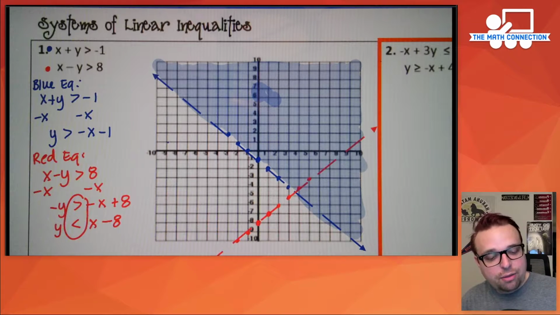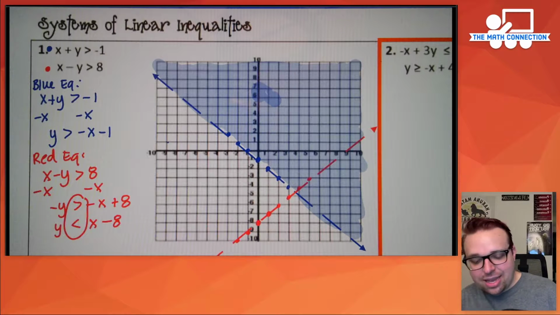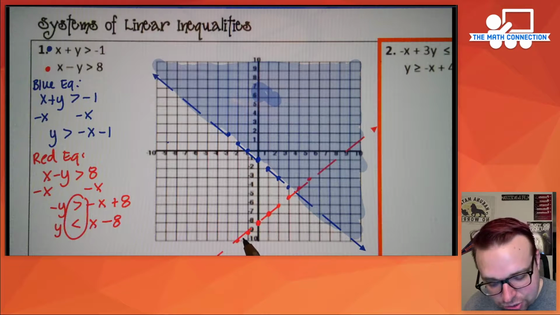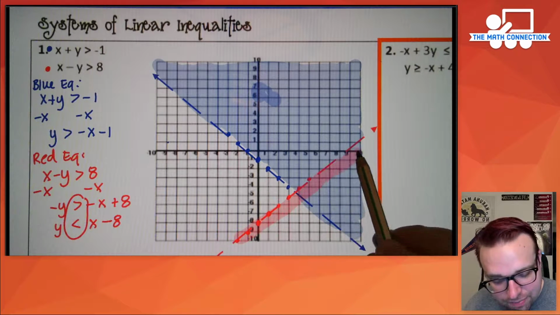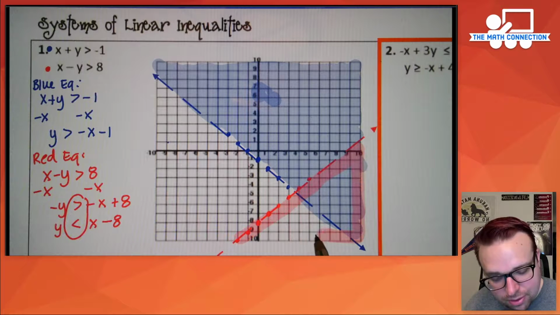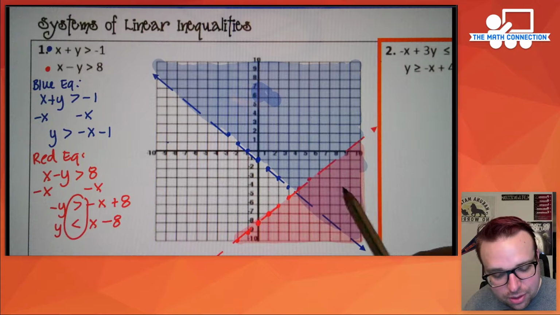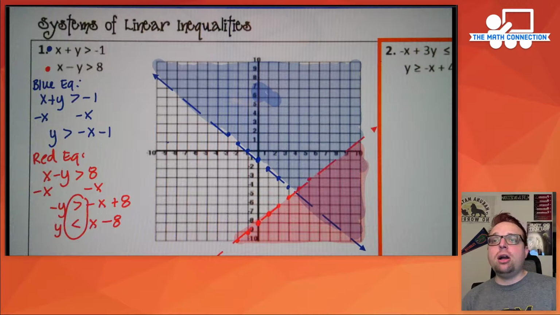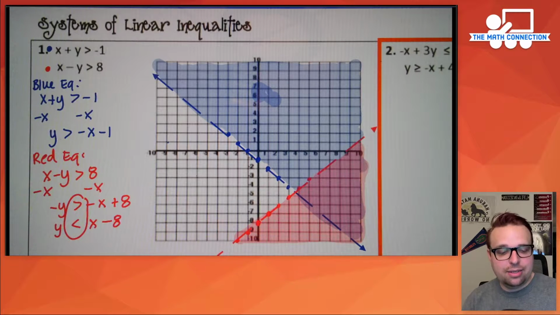Okay, so the other thing I need to do is, with a red highlighter, now go and do the other line. The other line is a less than, so I need to shade underneath the red line. That's going to be this region down here. Okay, it shouldn't be hard to tell now where the two regions are intersecting.